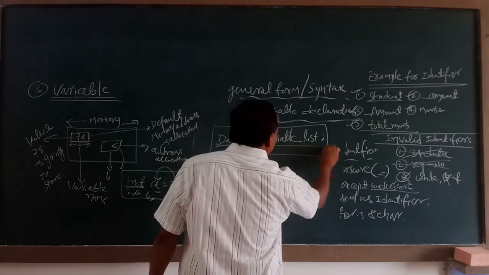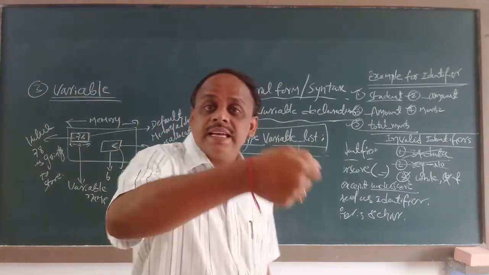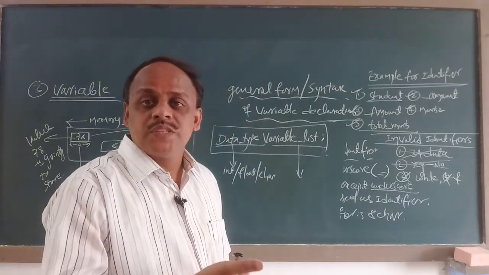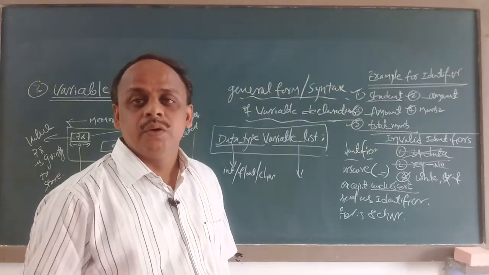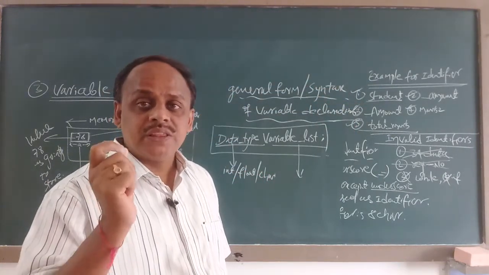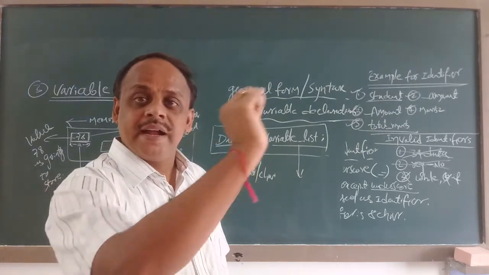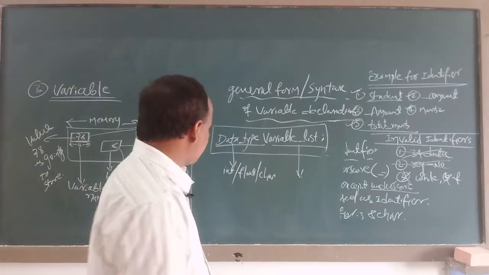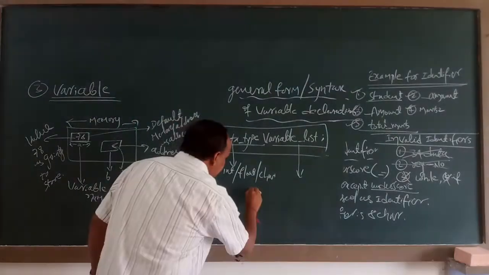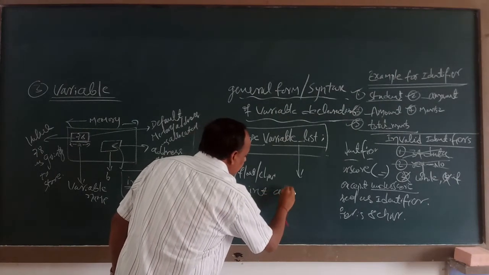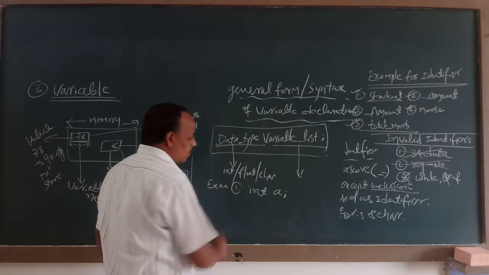And the next thing is the variable list. Variable list is nothing but a collection of variables, as many variables as we need in the program. But here one thing: all the variables are separated by commas and end with a semicolon. For example, suppose I have to declare only one variable, I declare it like this: int a semicolon. These are the examples for variable declaration.